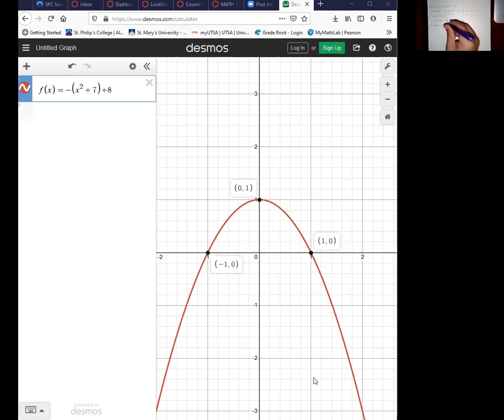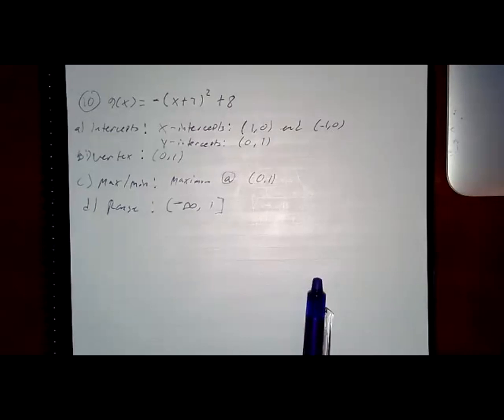Oops, backwards. That's dyslexic on you guys. The smallest one is always first, or the most negative. So negative infinity all the way up until 1. But you don't put brackets on infinity ever. Brackets are for values. Infinity is not a number. Any questions on number 10?